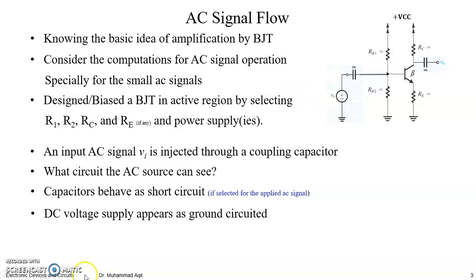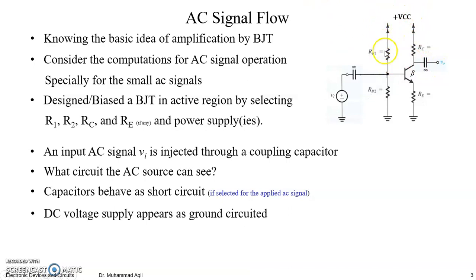And how about the DC supply? The DC voltage supply appears as ground. It will behave as ground circuited. So this AC signal through this capacitor can see these parameters, but not this voltage source.